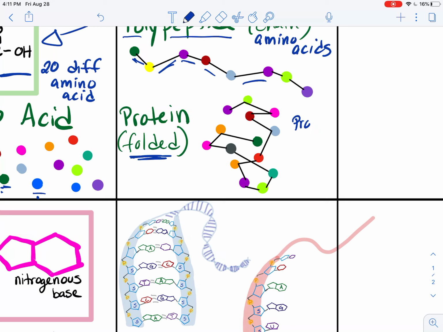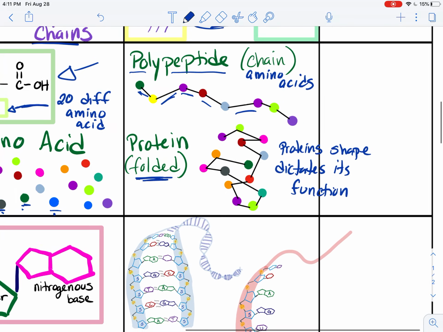So what we often say is that a protein's shape will then dictate its function. So not until the protein folds into an appropriate shape will it function the way that it's supposed to.